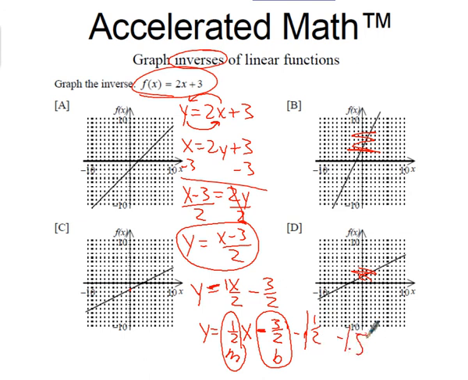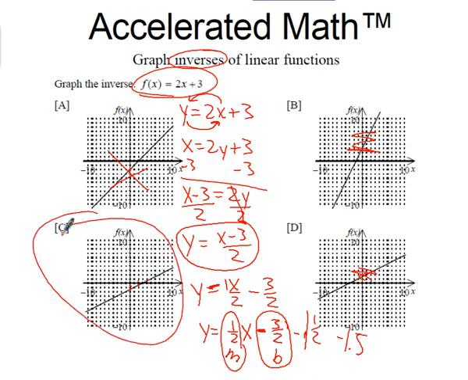Okay, so it's crossing here, and this one looks like it's crossing down at 2. So I'm going to rule this one out. Let's double check on this one. If this is at half, it should be going up one unit for every 2 that it goes over. Up 1 unit for every 2. It's a little hard to work with that fraction, but that seems like it fits.